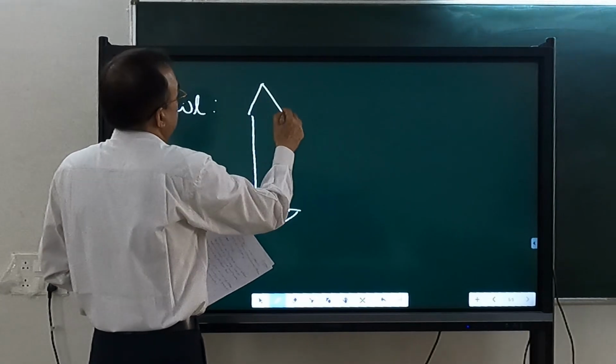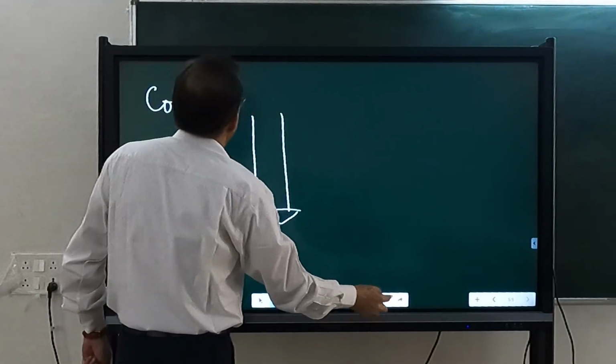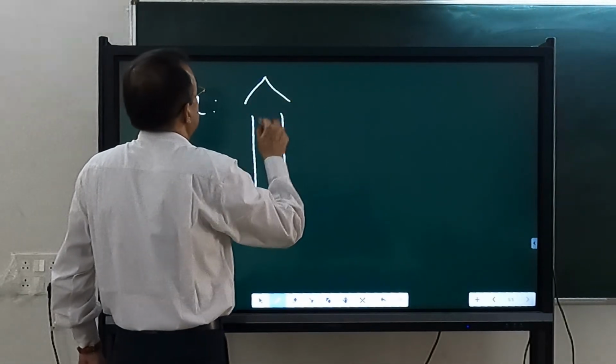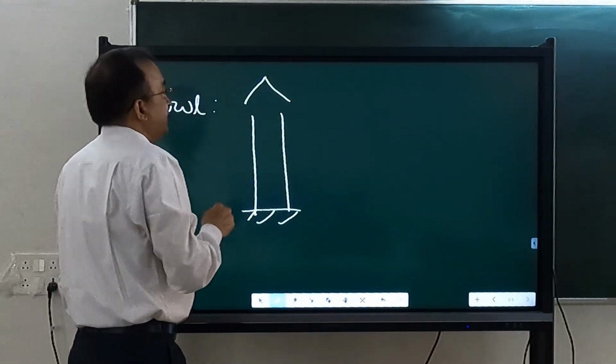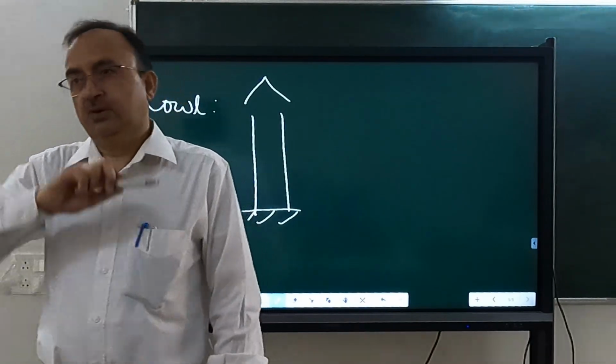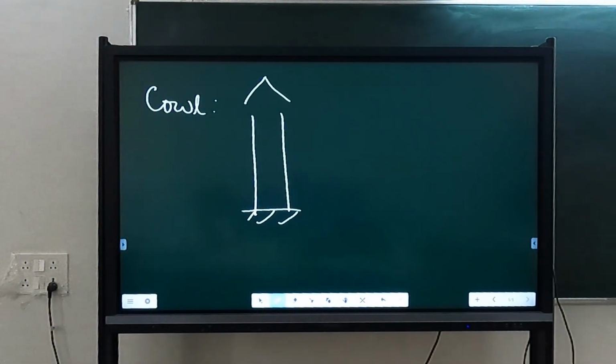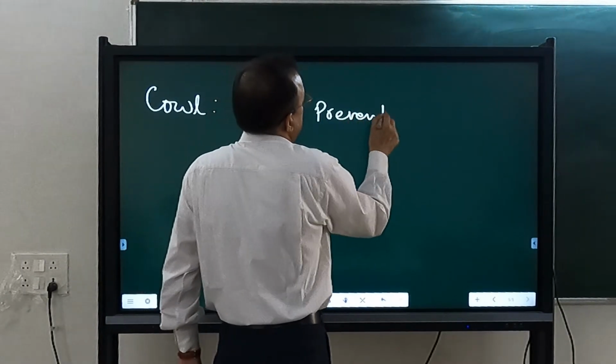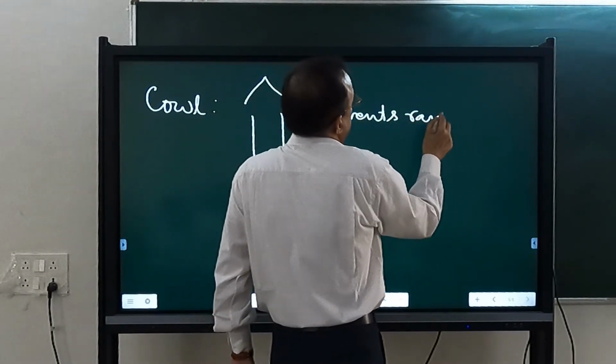Otherwise gases will not be able to pass here. Okay. So this type of structure is provided at the top, maybe conical, just to prevent rainwater.